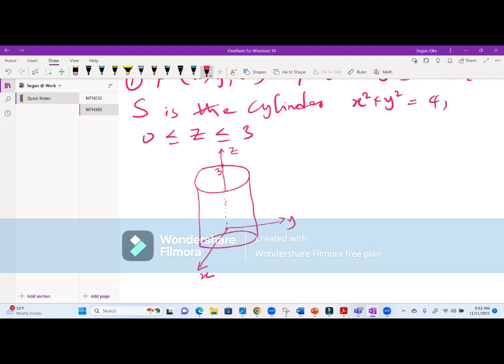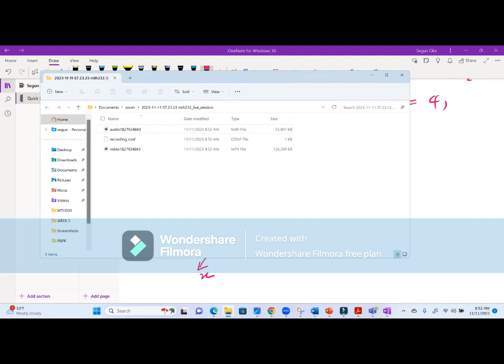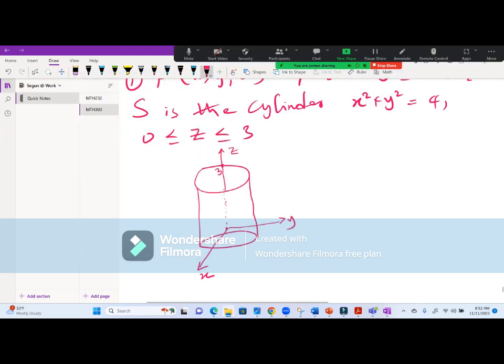Then don't forget that we need to get the range. Remember the way I taught you the last time how to get your range.